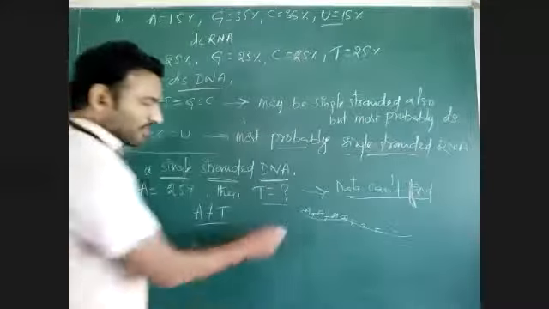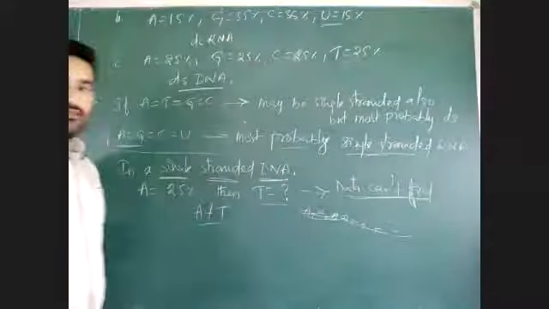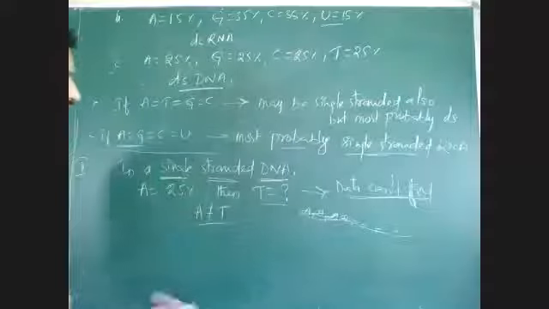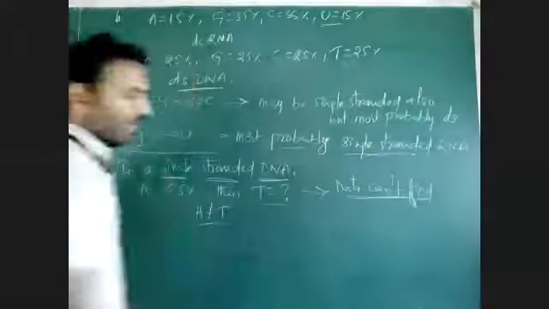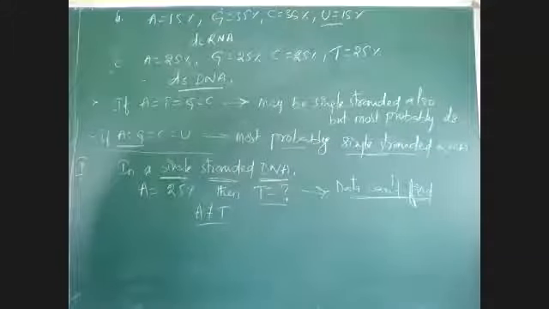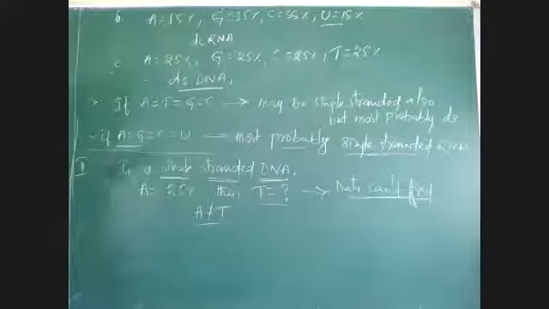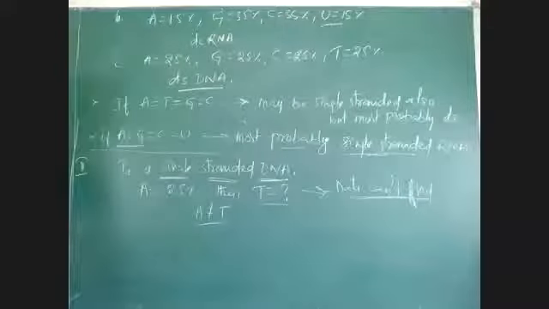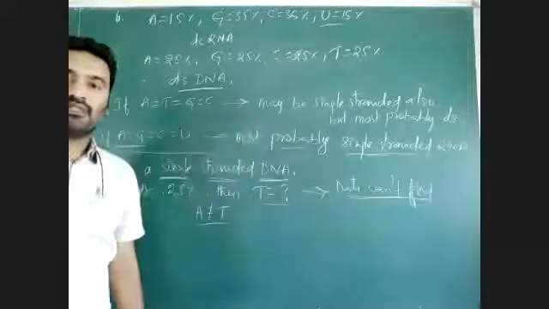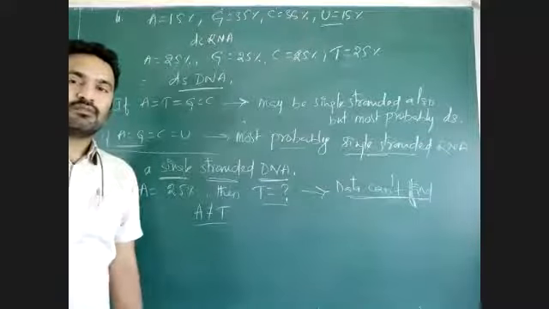For single-stranded DNA, we cannot find. Chargaff's rule will not be applicable for single-stranded DNA, so we cannot find the answer easily. There is no method to find out. We need to conduct an experiment, only in the lab we can find.